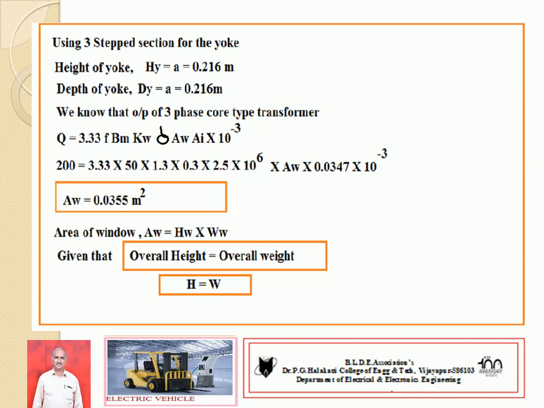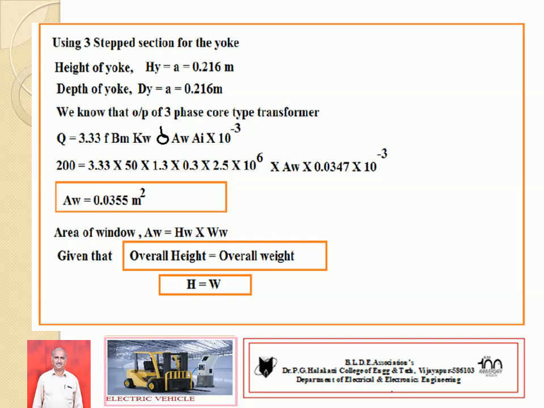Take care that the current density value 2.5 is in amperes per millimeter square, hence we have to multiply by 10 to the power of 6, 2.5 into 10 to the power of 6. Hence area of window becomes 0.0355 meter square.